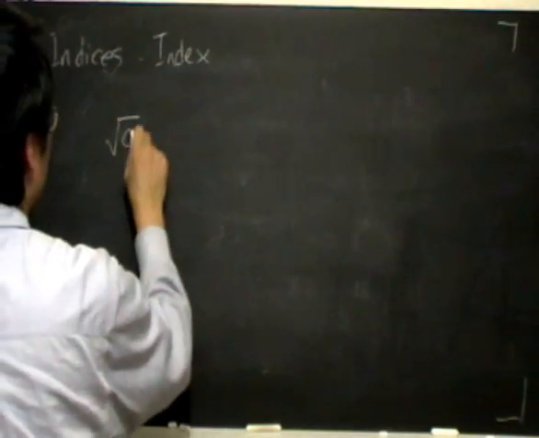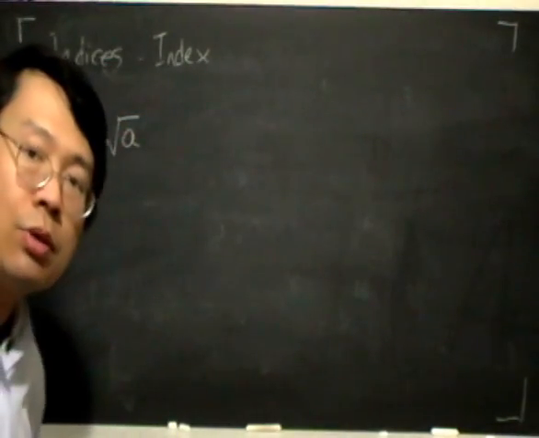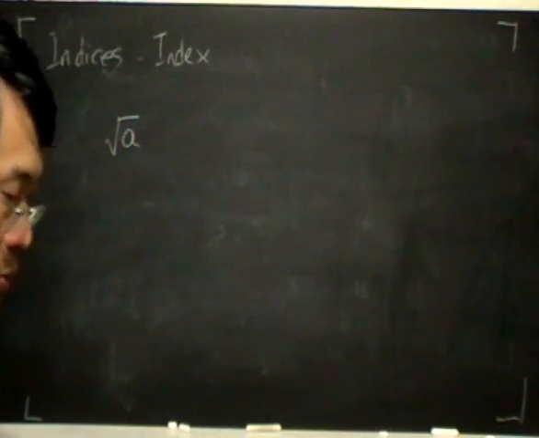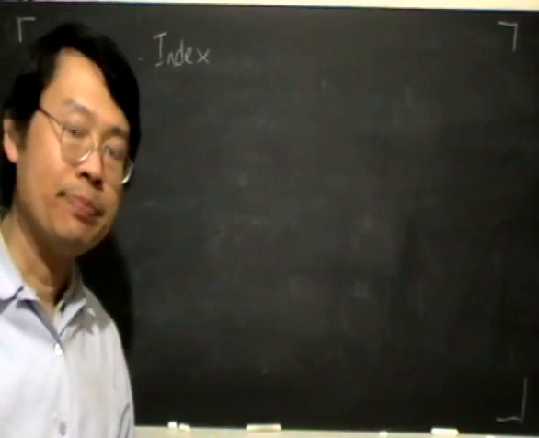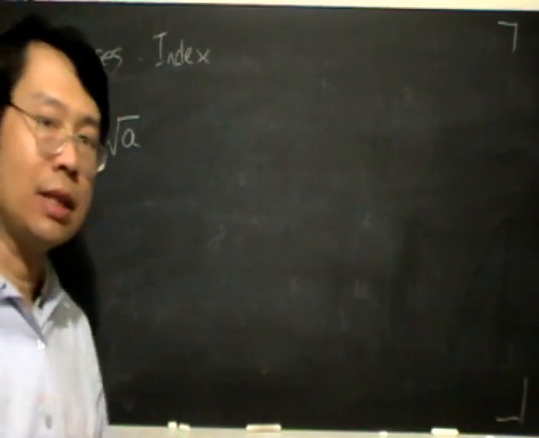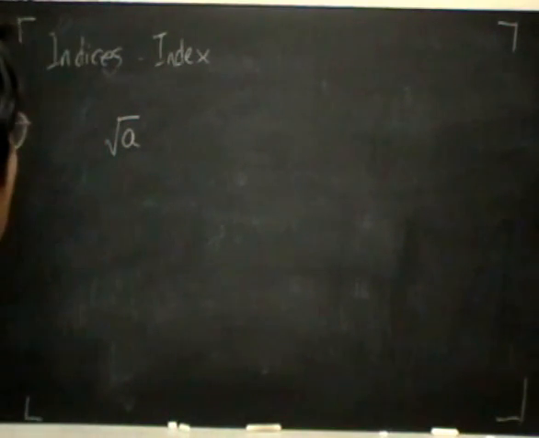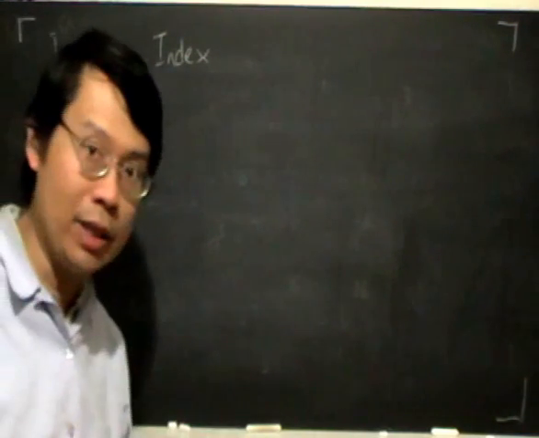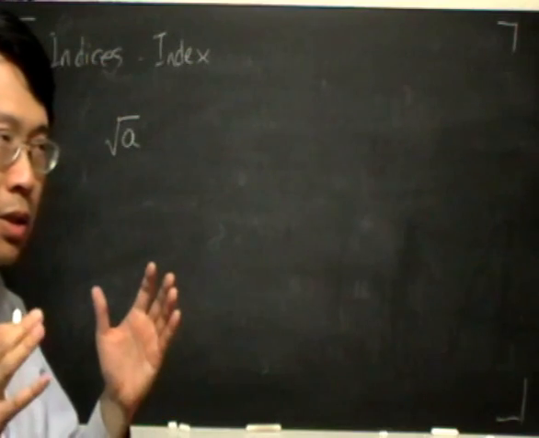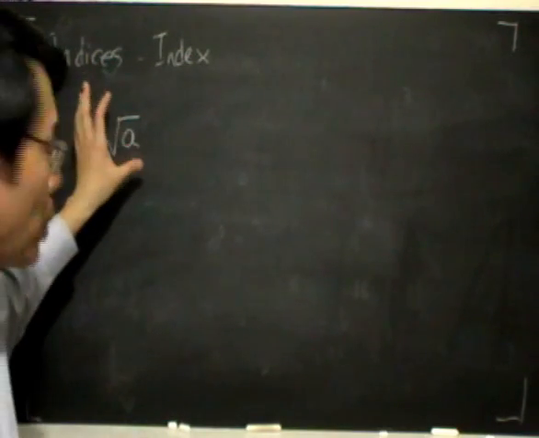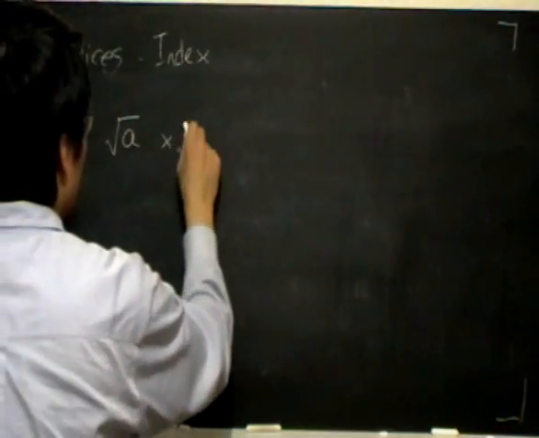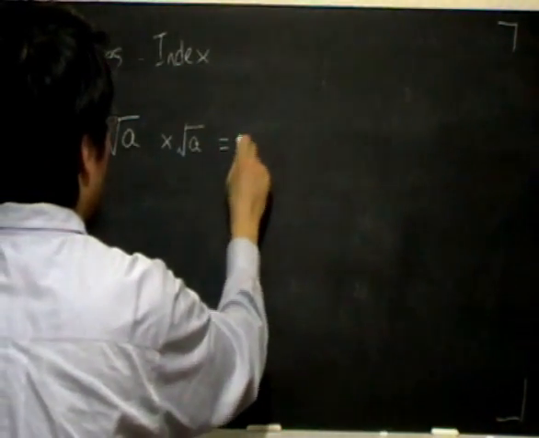Square root of A. What does this mean? Square root of A is a number, so square root of A is another number. And the meaning of the square root of A is that if I square this number, meaning that if I take this number and multiply by itself, I should get back A.